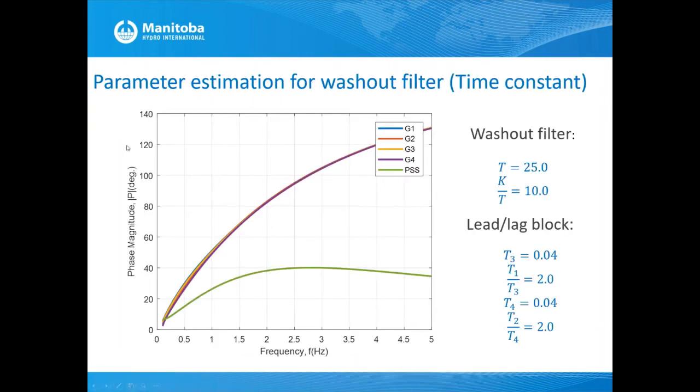Now in this graph, I'm showing the same horizontal axis, frequency, but on the vertical axis we show the phase magnitude. Here I disregard whether it's leading or lagging. The GEP block or generator block characteristics, which we earlier saw as lagging or negative, now become positive because we disregard the sign.